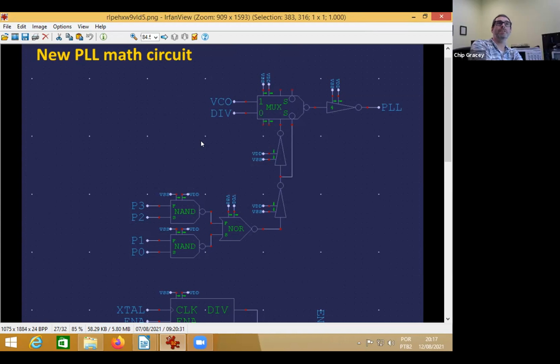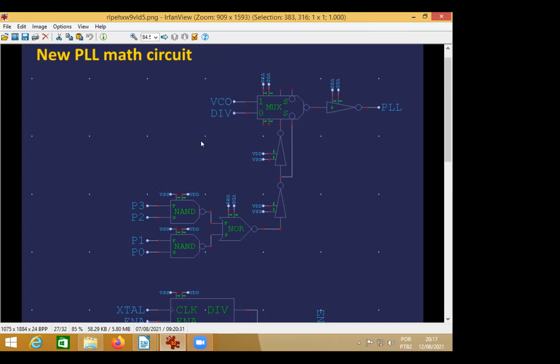Well, I don't know if that would work. I mean, the VCO is always going to be running faster than the div, right? Well, yes, the VCO is always running faster. But when you are using a mux, the clock of the mux depends on logic that takes a while to change.